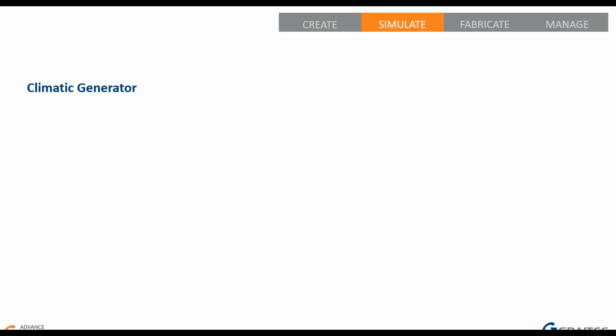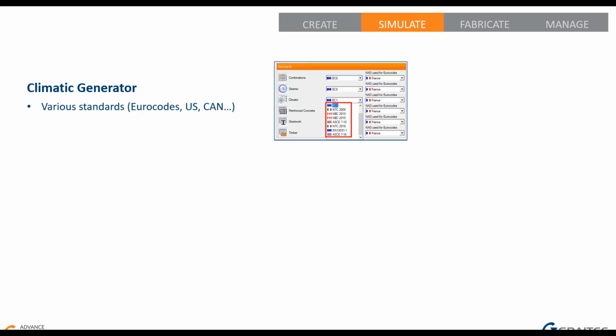It starts with that. You will need a climatic generator that comes with various standards, so you can work on projects all over the world. But you also need to rely on it in 2D, but also in 3D, because most of your buildings will be 3D.